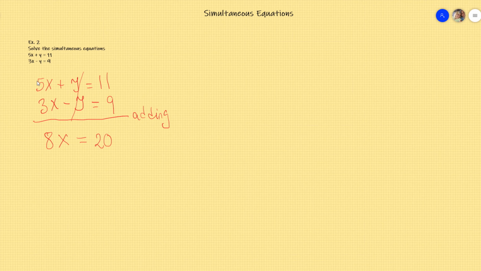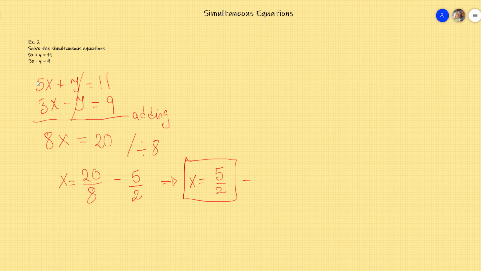equal 20. Then by dividing by 8, we will have x is equal 20 over 8, and by dividing up and down by 4, we will have 5 over 2. So we could say that x is equal 5 over 2 or 2.5.